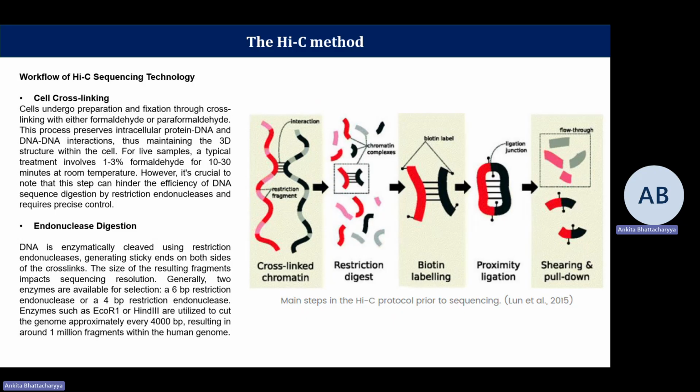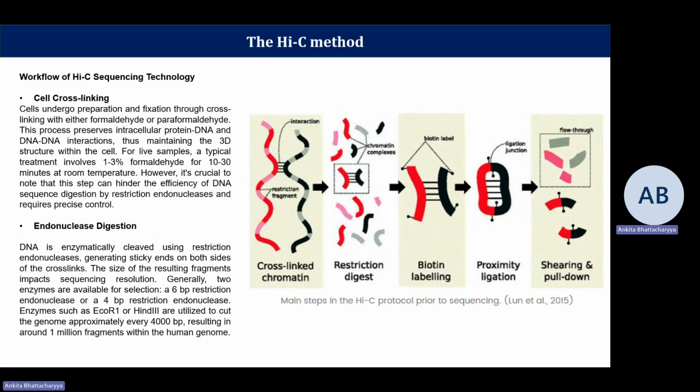For example, for live samples, a typical treatment involves 1 to 3% formaldehyde for 10 to 30 minutes at room temperature. However, it's crucial to note that this can potentially hinder the efficacy of DNA sequence digestion by restriction endonucleases, and it requires very precise control.